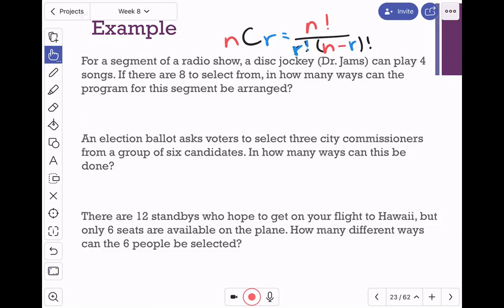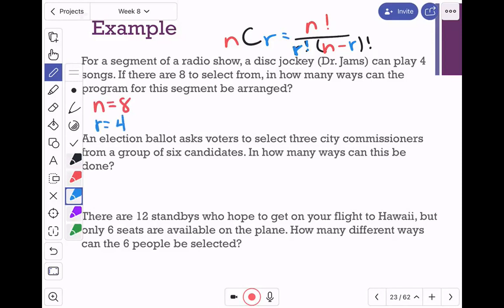And when you calculate a combination, you have to use the formula. So when we calculate this combination, my N here, there are 8 songs to choose from. My R here, there are 4 different songs that I want to select.